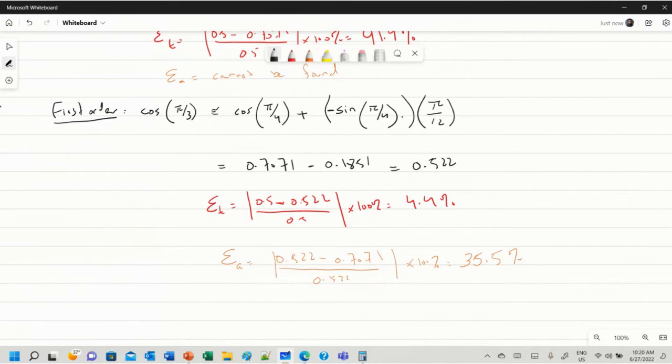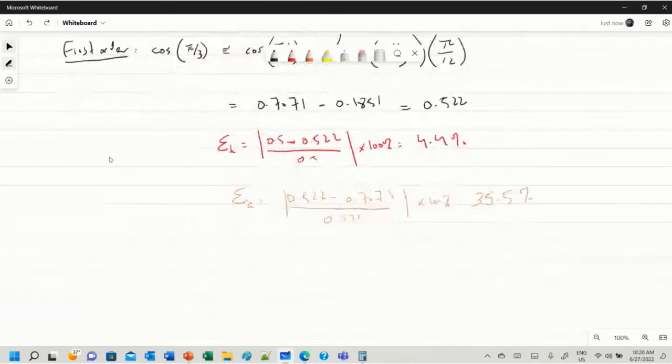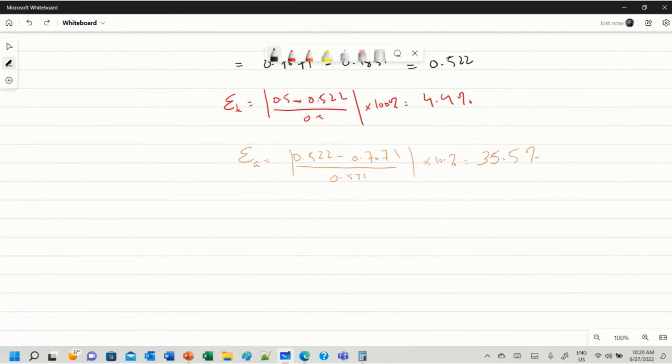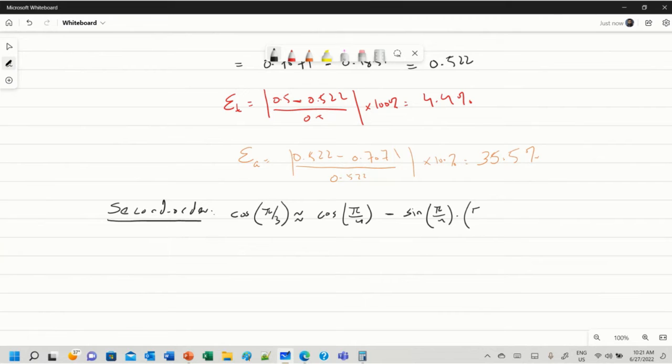Then we can go to the second order. The second order says that the function at xi plus 1 is the function at xi plus the first derivative at xi multiplied by the step size plus the second derivative.